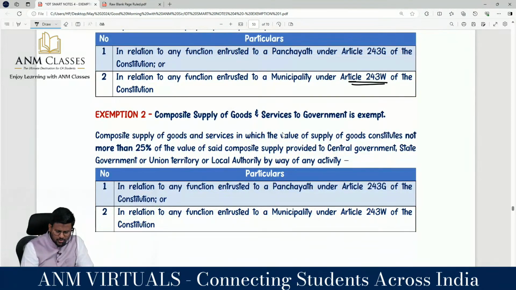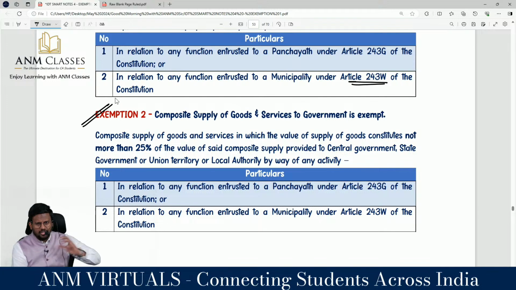Exemption number 2. Composite supply of goods and services to government is exempted, because in exemption number 1, only pure services are exempted. Sometimes in order to perform the statutory function, which are covered under article 243W or 243G, we may need to even supply the material portion also, not only the pure labor.